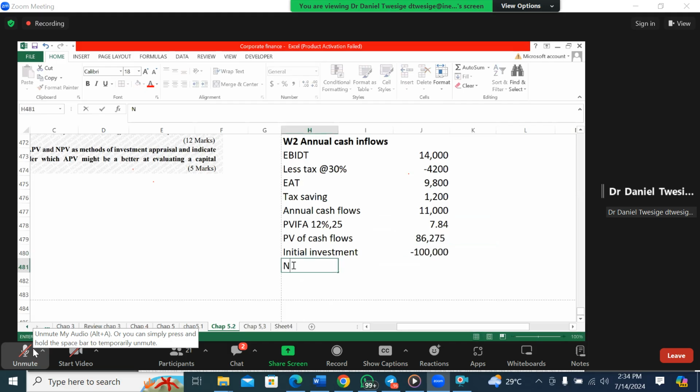So the NPV will be that. You can tell me if there's somewhere I've skipped, if there's any information I've skipped on this.